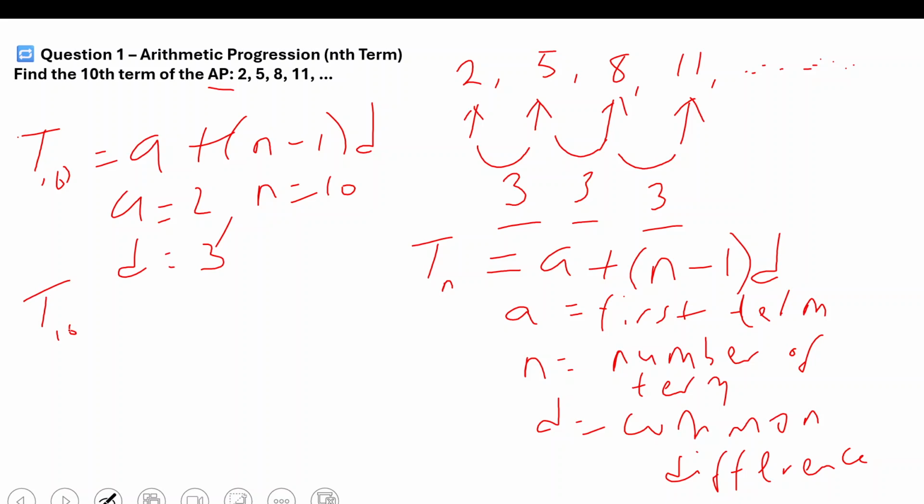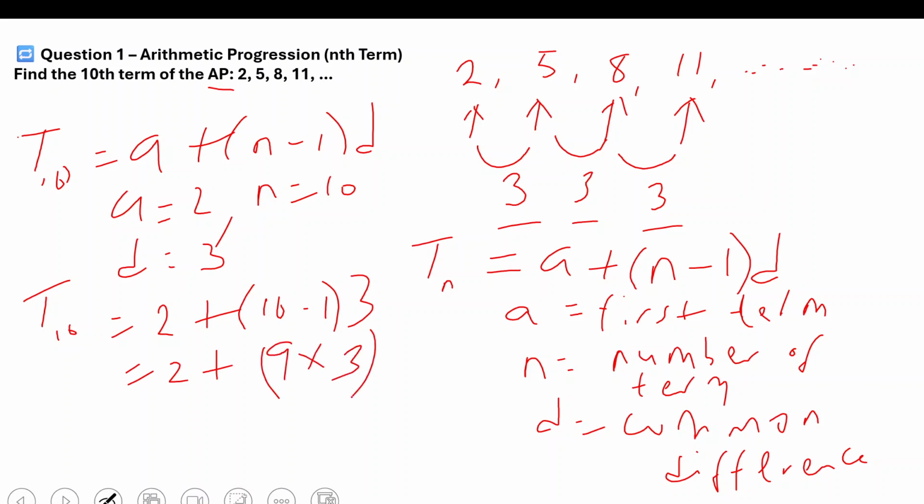So T10 is equal to 2 plus open bracket 10 minus 1 close bracket, then 3. So we have 2 plus 9 times 3. 9 times 3 is 27. 27 plus 2 is equal to 29. So the 10th term is 29.